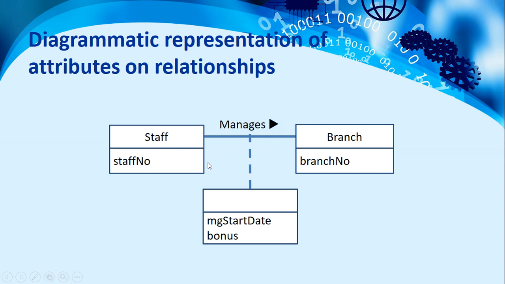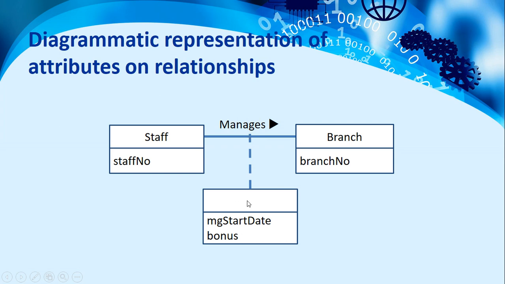So yung ginawa is the rectangle representing the attributes, in this case ito siya, is associated with the relationship gamit ang dashed line. So hindi siya solid line kundi dashed line. Okay, so that this one you could assign this attribute to this relationship.